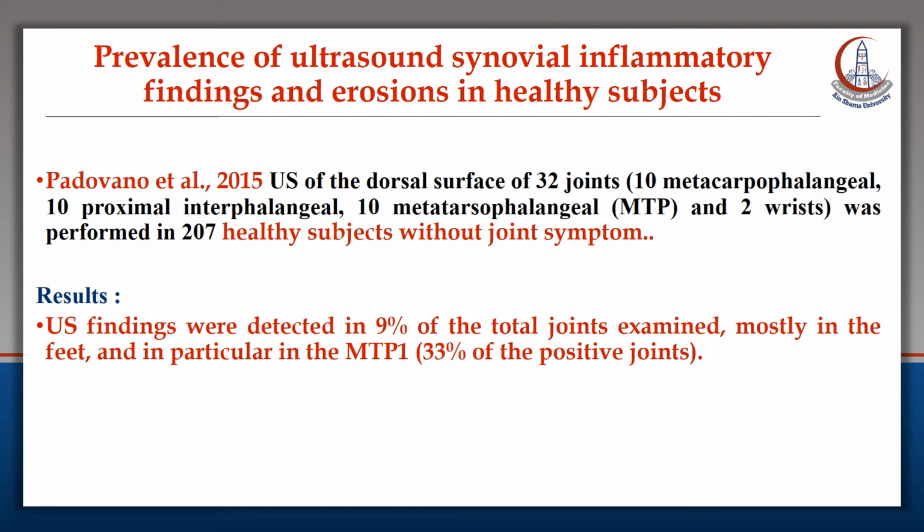This ultrasound was performed in 207 healthy subjects without joint symptoms. The results were like that. Ultrasound findings were detected in 9% of total joints, mostly in feet, especially in the first metatarsophalangeal joint.